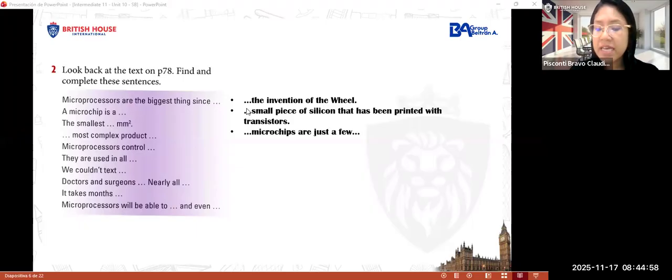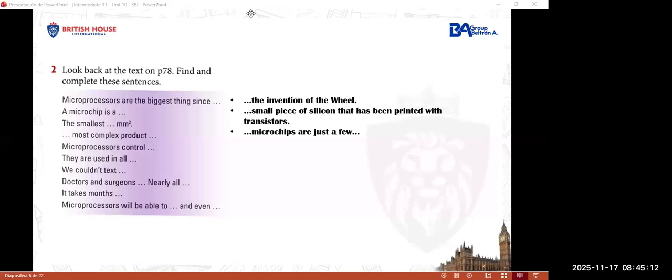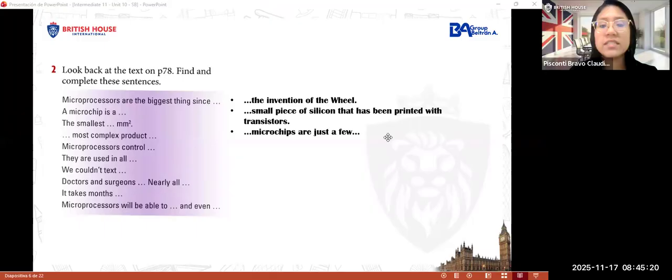Jefferson, how about the next one, the most complex? It is the most complex product that has ever been made. Yes, it's the microprocessor. Now, Sheila, continue.